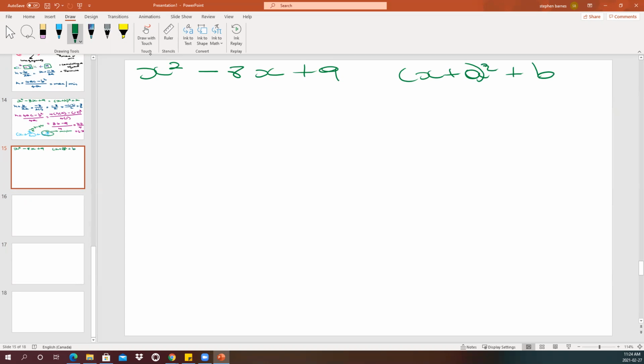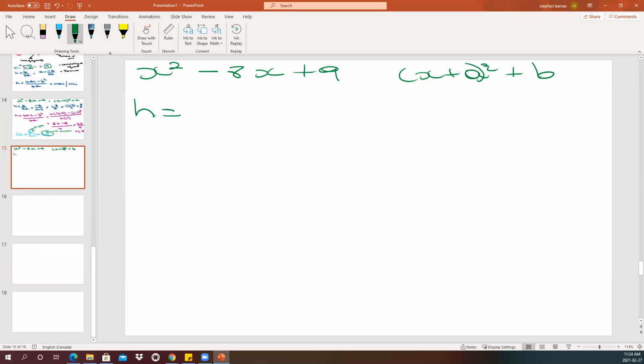Now again, it doesn't matter what letters they have inside and out, just know that the one on the inside of the bracket represents the value for the line of symmetry, and the one outside of the bracket represents the value for the minimum or the maximum. So let's figure out what each of them represents.